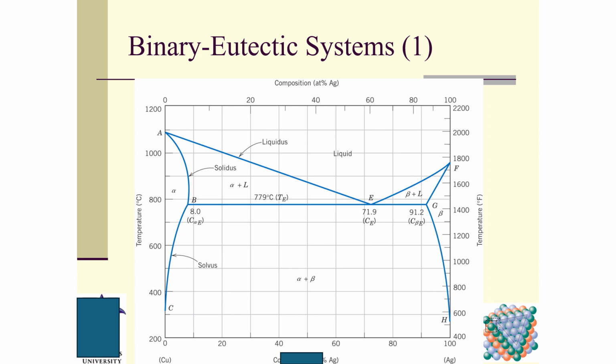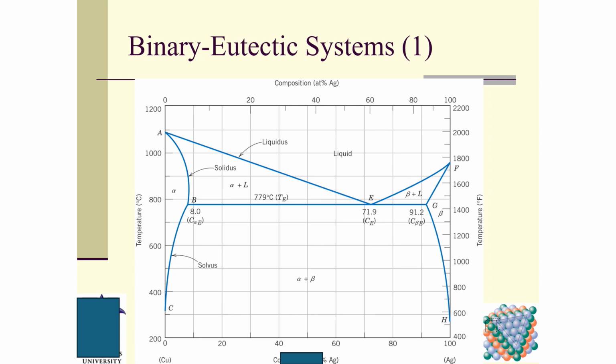So we can see this phase diagram is much more complicated, right? Than the previously talked binary isomorphous diagram. We can see how many solid phases we have. We have alpha, and we have beta, and these are two different solid phases.